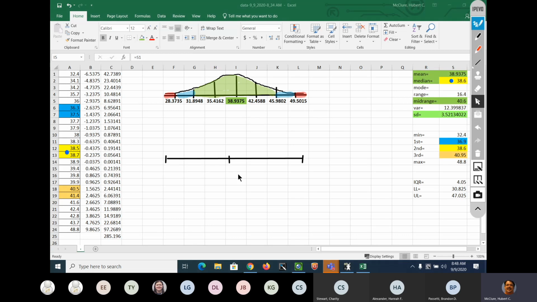I'm going to put my mid-range here. Mid-range goes there. And of course, I got to center it. Well, that's close enough for government work. This is the min. This is the max.